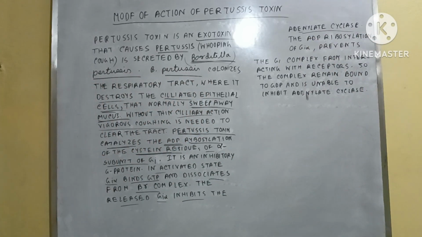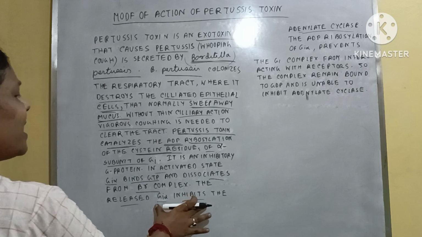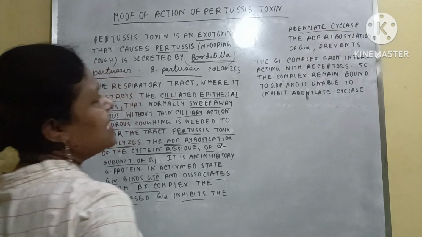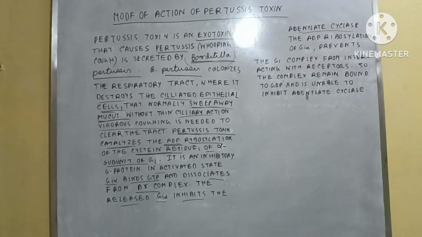Clear? Adenylate cyclase. So if this occurs in the normal situation, no coagulation of the mucus is possible within the respiratory tract, because the adenylate cyclase level is very low.